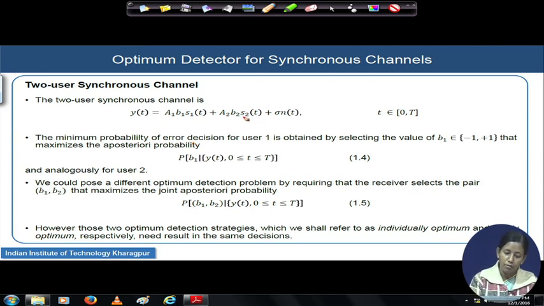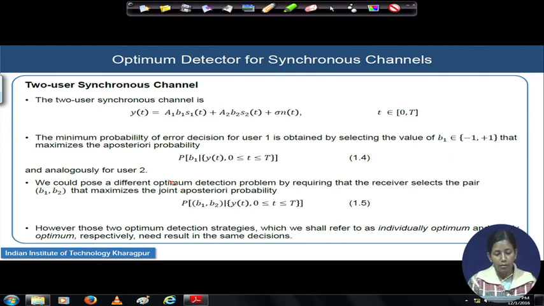Equivalently for user number 2 also, the a posteriori probability of B2 given the received signal, the B2 value which maximizes that probability, will also confirm that the error probability is minimum. In a similar way, for B2 also we can devise the detection process.